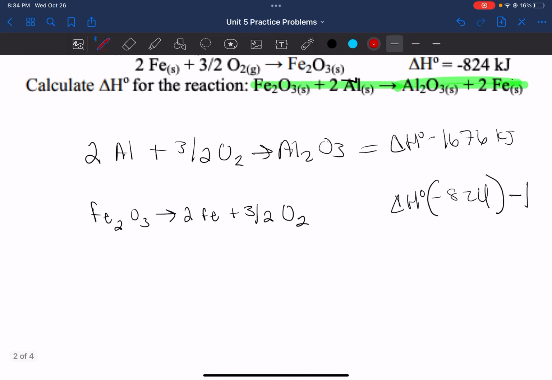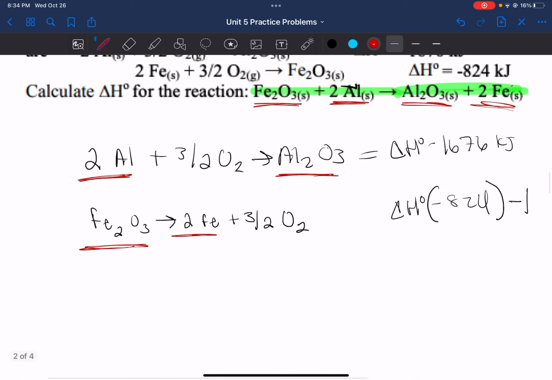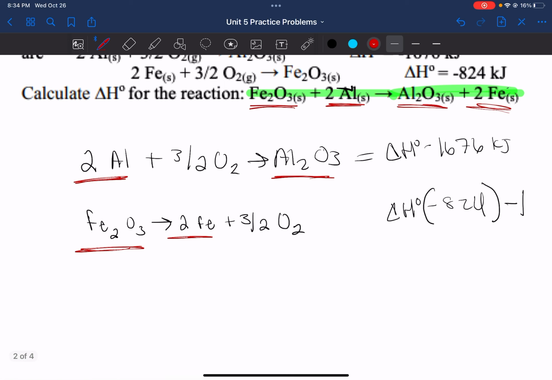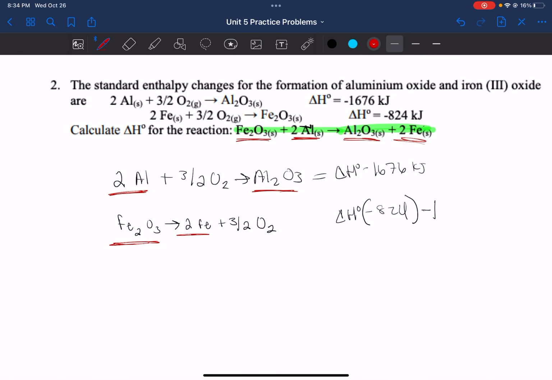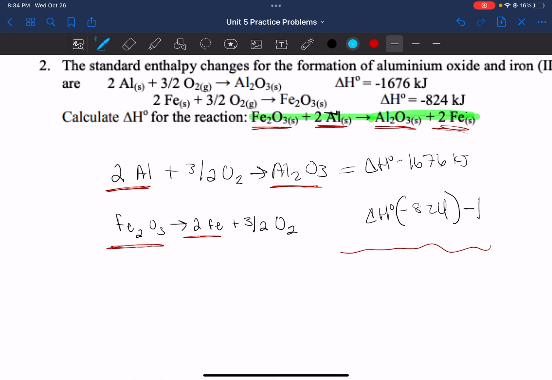So right now we have Fe2O3 over here on the front. We have that here. We have 2 aluminum over here, 2 aluminum over here. We have aluminum 2O3 on the product side, aluminum 2O3 on the product side. And we have 2Fe on this and 2Fe on here. And ironically, before we even calculate this, we can check if we're doing it right by eliminating what's the same, basically.